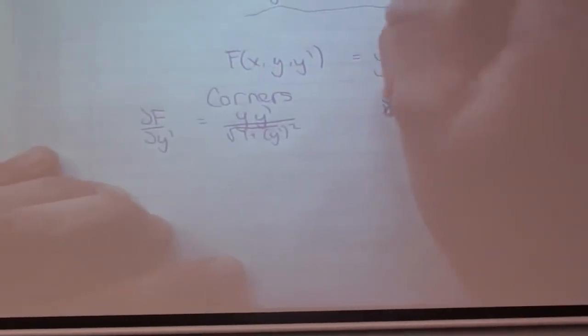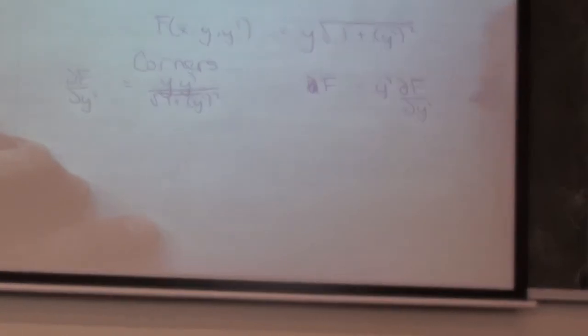So, checking for corners, we find df dy dash to be y times y dash over root 1 plus y dash squared, and f minus y dash df dy dash to be y over root 1 plus y dash squared.